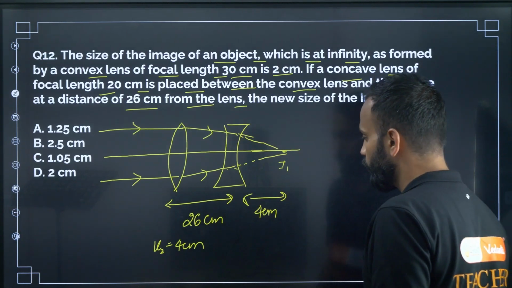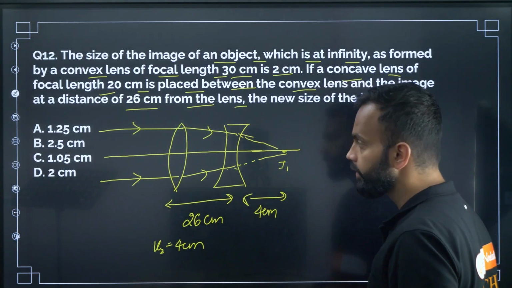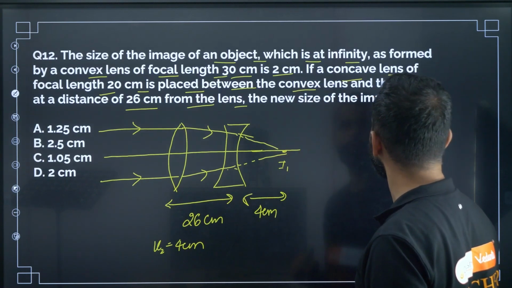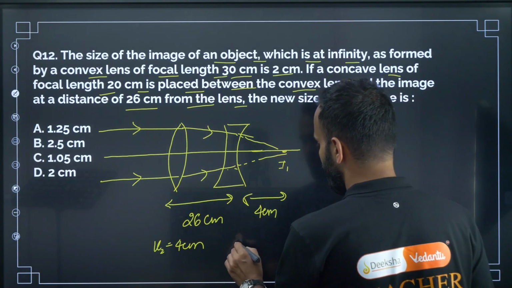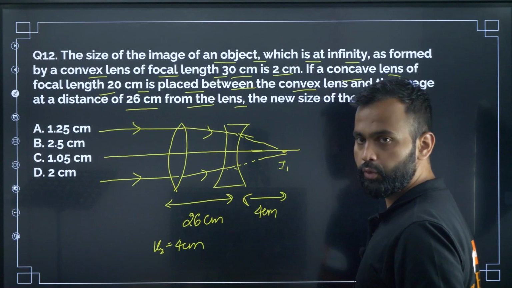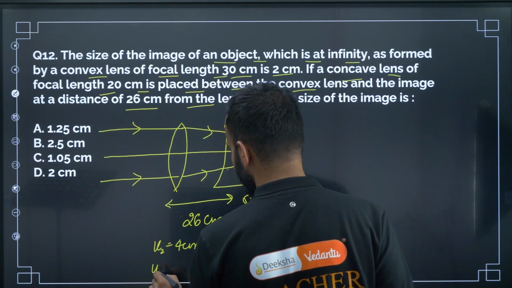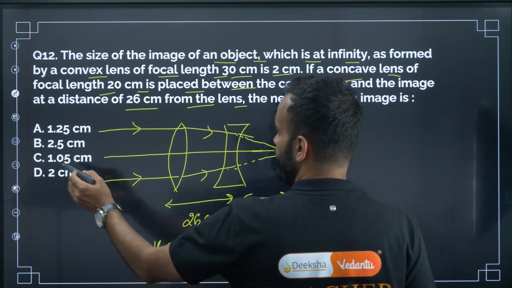So U2 equals 4 centimeter. We need to find the height of the new size of the image. Here we need to find V.